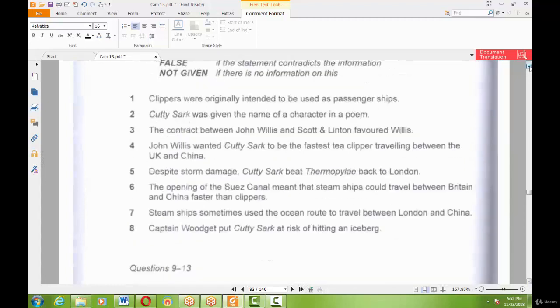Now for the true false not given questions, we're just working on scanning, being able to find matching language. The synonym language we're scanning for is not necessarily the language I will be using to find the sentence. But after I find the sentence, I will be looking for this language to help me point towards a particular answer choice.